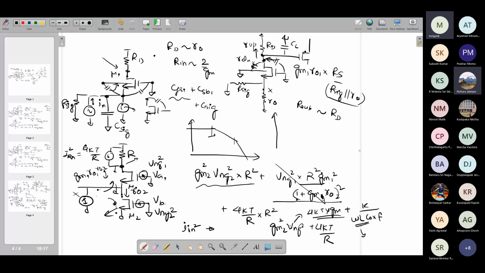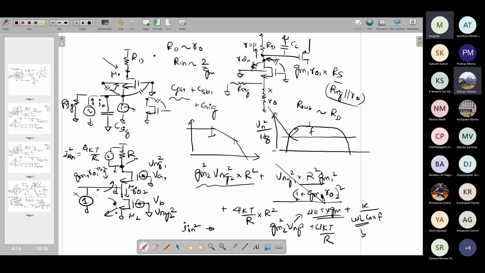From the spectrum point of view, we have discussed that there is this 1/f curve, then there is thermal noise, and there is a 1/f noise corner. In order to get the net input referred noise current, for whatever the signal bandwidth is, we need to integrate, because this is your Vn squared per hertz, right?